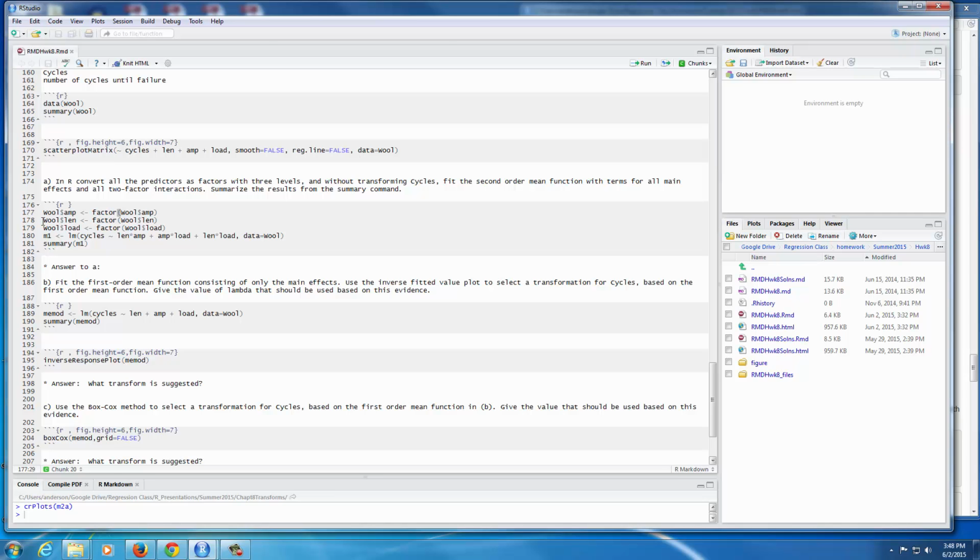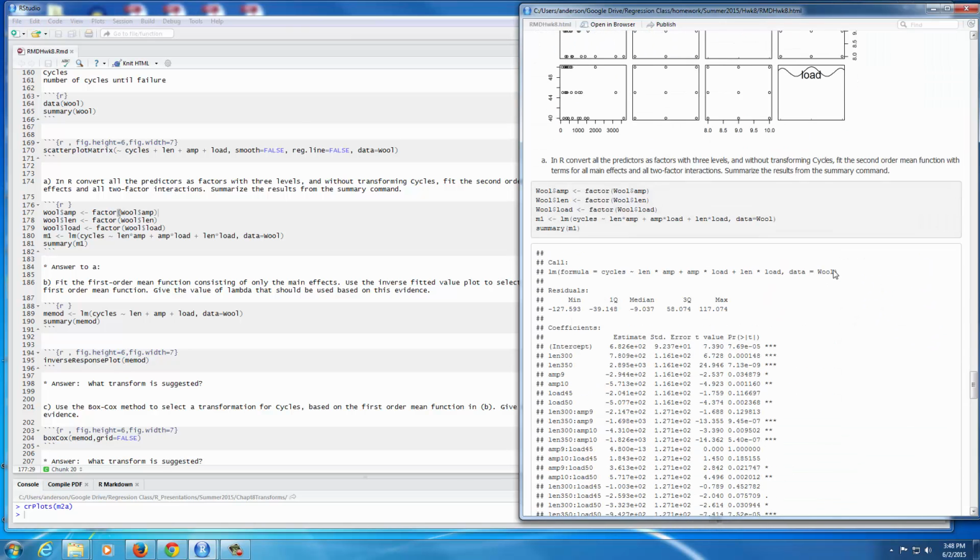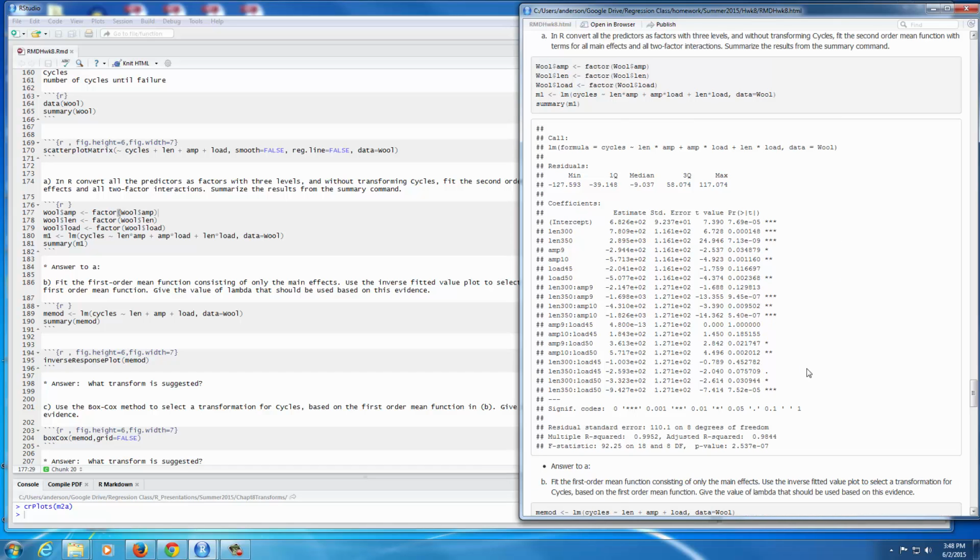In lines 177, 78, and 79, we make a model M1 in line 180, and this model contains some two-way interactions between length, amplitude and load, and length and load, and we print out a summary of model M1, and I want you to look through the estimate summary right here and talk about what kinds of effects are statistically significant.